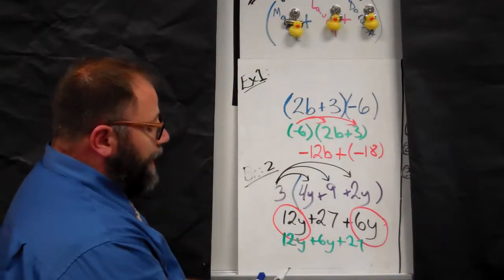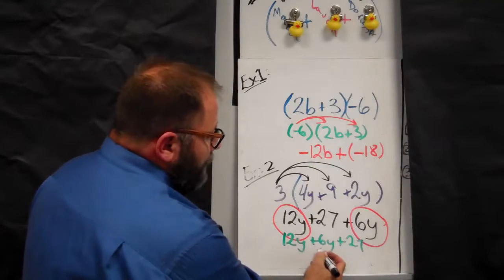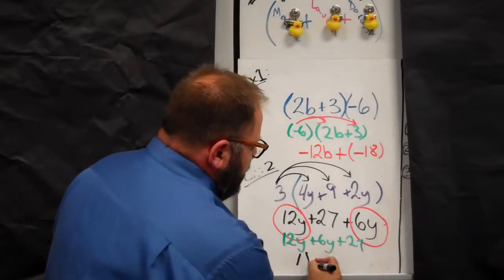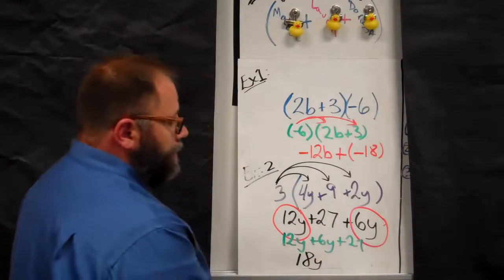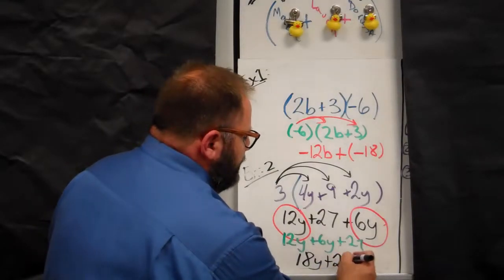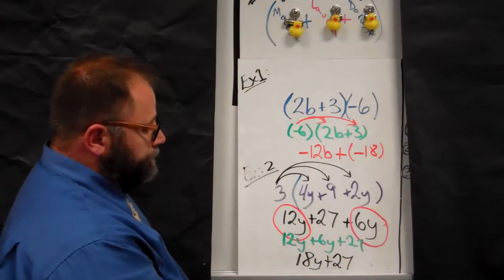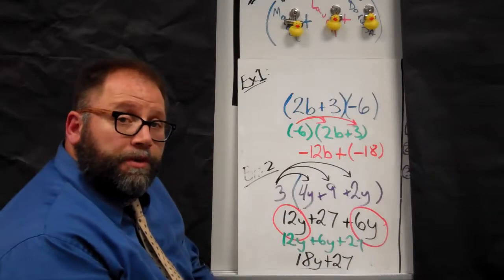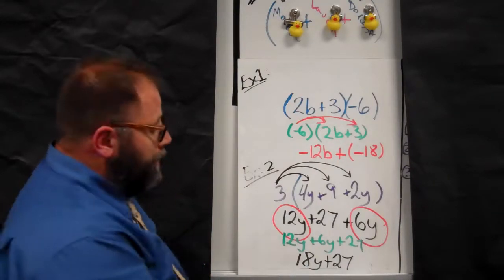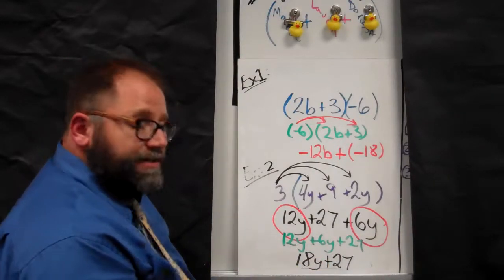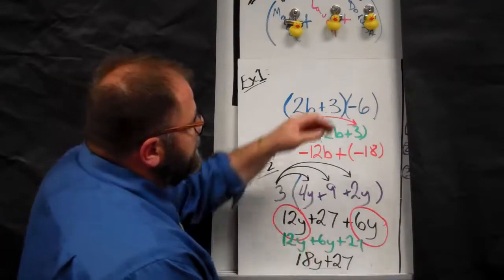Then combine those like terms to say 12y plus 6y is 18y plus, don't forget that 27. And there it is. We distributed the 3 over the quantity and then simplified it to get 18y plus 27.